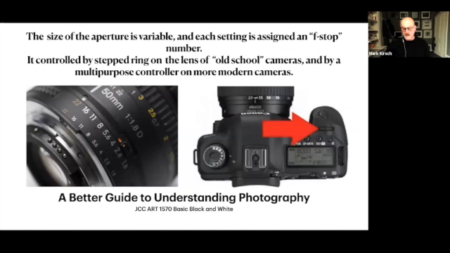The control for the aperture is either going to be on the lens itself, like in the case of this particular lens, the aperture control ring right here, or on an electronic camera, that control wheel.